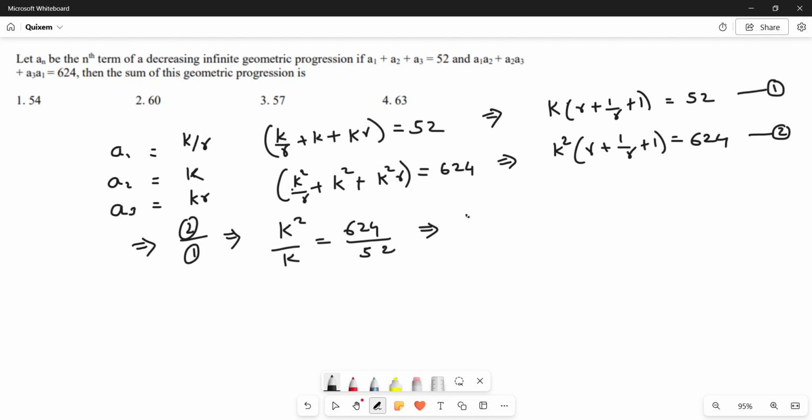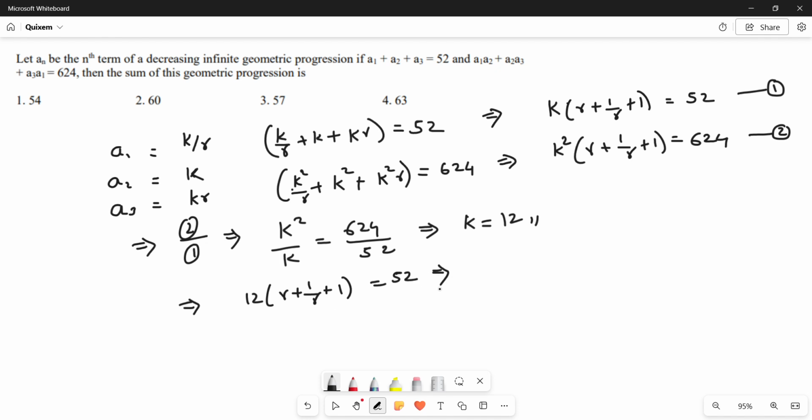Upon solving, this will give us k equal to 12. Now we can substitute this value in the first equation. So we have k equal to 12, and now we have 12 into (r plus 1 by r plus 1) equals 52.